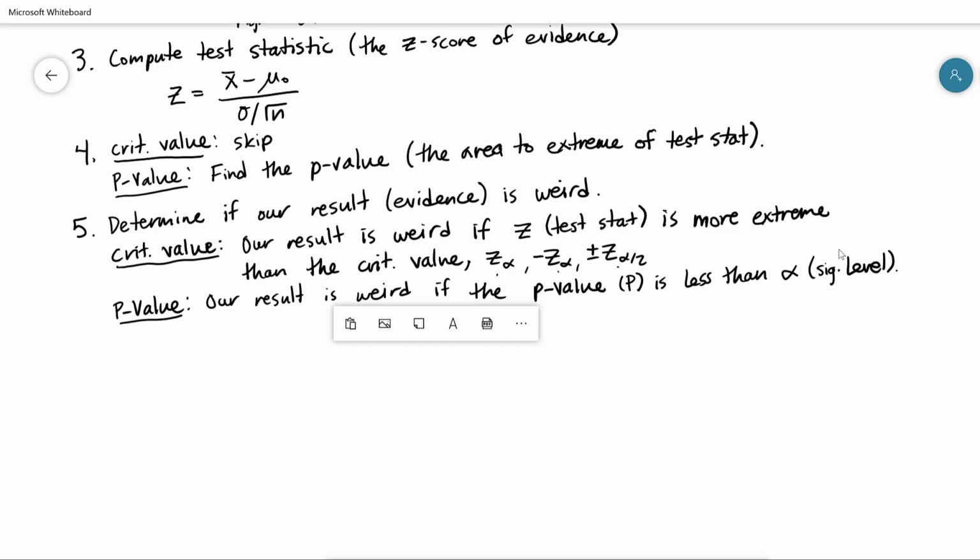Long story short, in this step, how do we interpret this? What we do is we reject H0 if our result is weird. The whole reason that we got a weird result is because we assumed that H0 was true.